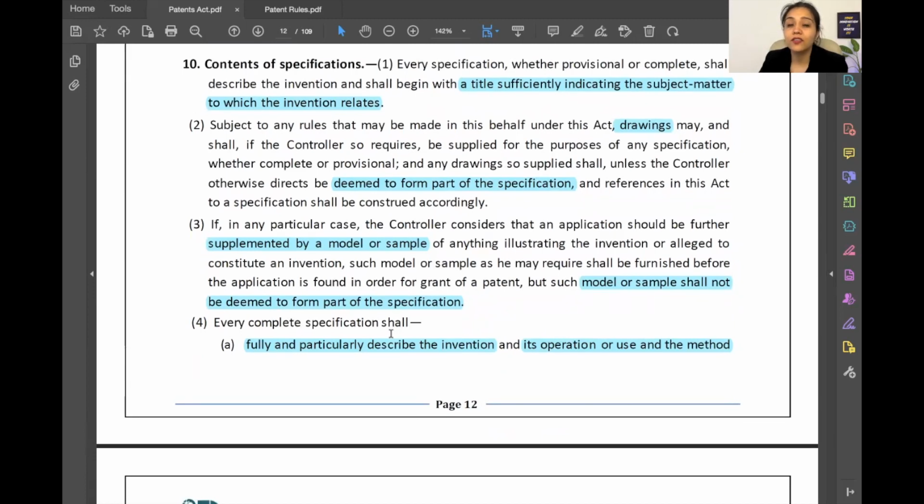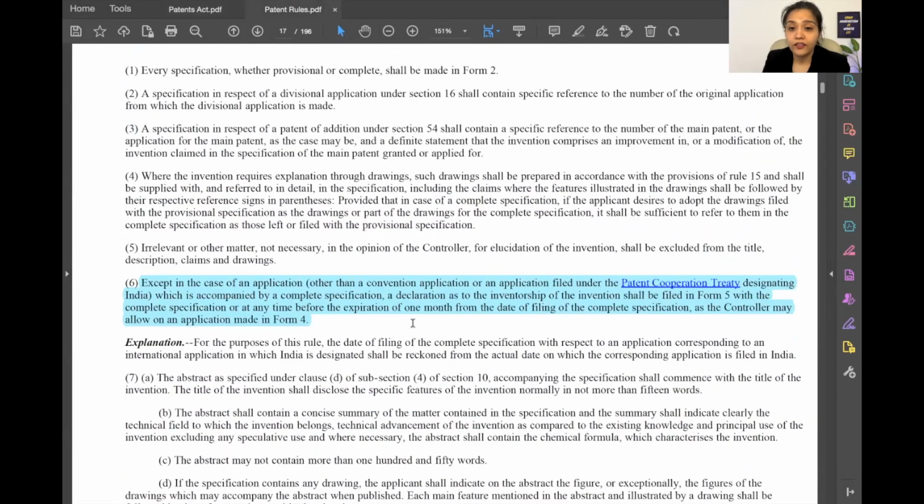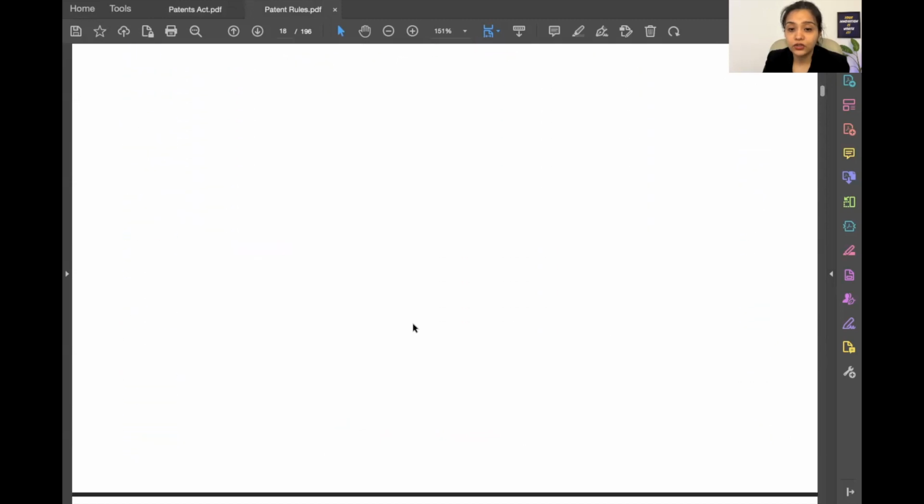This again is a very, very important section for the purpose of understanding what goes into specification, what a specification requires. And I would suggest read this with Form 2, which is regarding provisional or complete specification. And you should also read this section with Rule 13 and 15 because 15 relates to drawings.